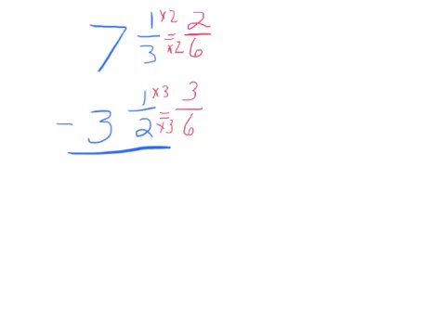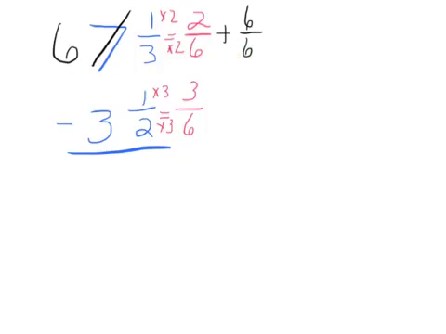And now when I look at subtracting, I have 2 take away 3, and I can't do that because this number is larger than my top number. So I'm going to rename this top mixed number. So to do that, I'm first going to change my 7 to a 6, and I'm going to add 6/6 because that is equal to the 1 I took away here.